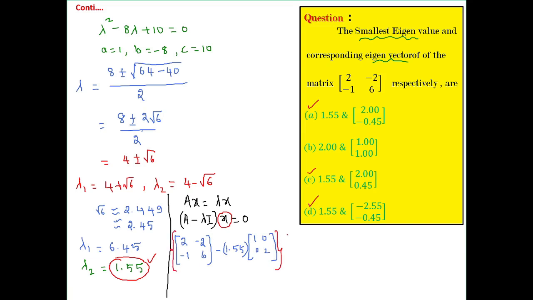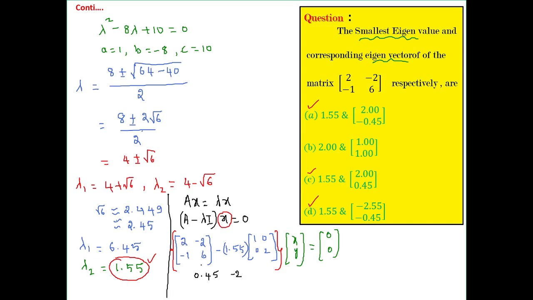This entire thing is multiplied into x. Let us take the eigenvector as x and y, a column vector with 2 rows and 1 column. This equals the null matrix, that is 0 and 0. We are supposed to solve this to get the x and y values. So 2 minus 1.55 gives 0.45 as the first entry. Next, minus 2 minus 0, so minus 2.